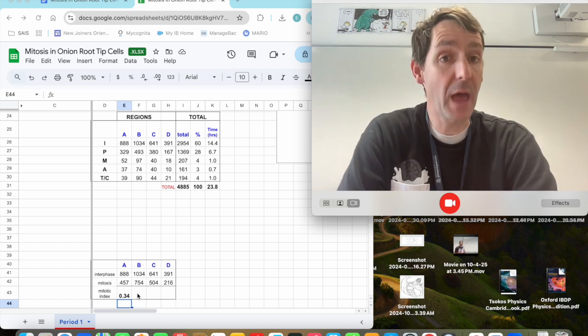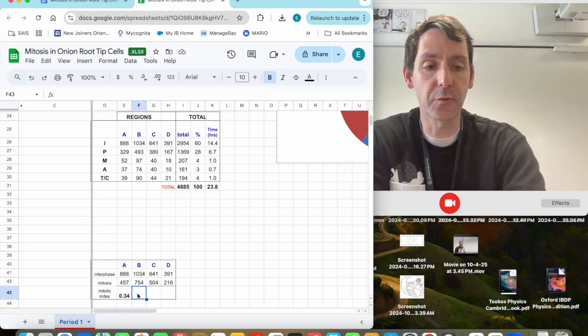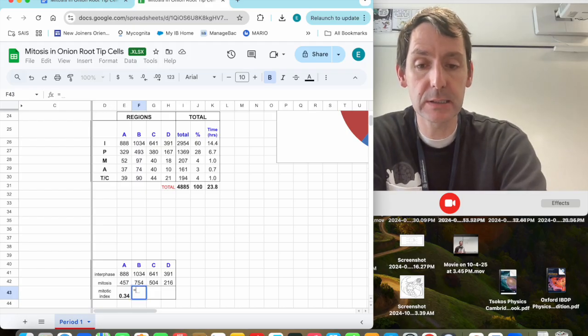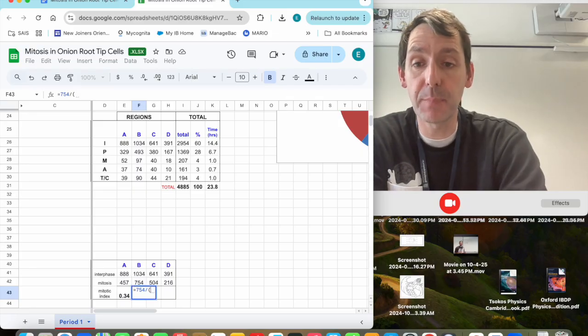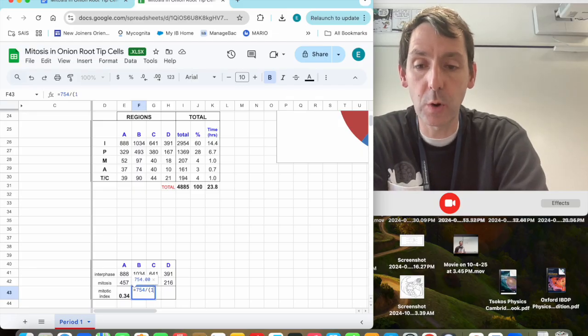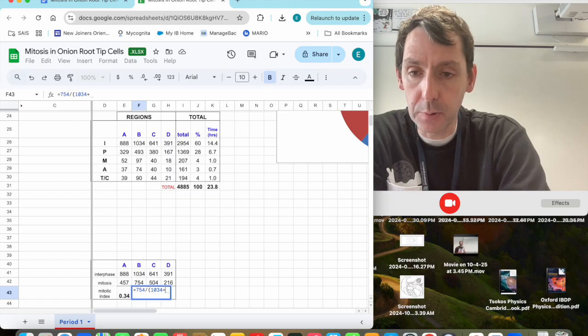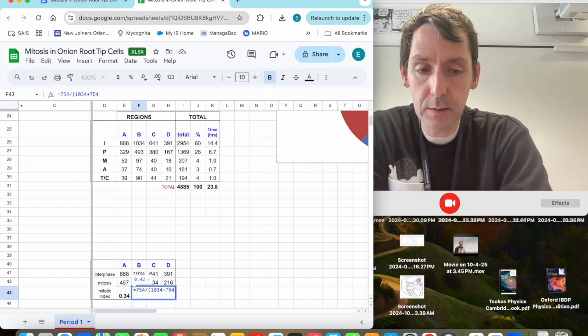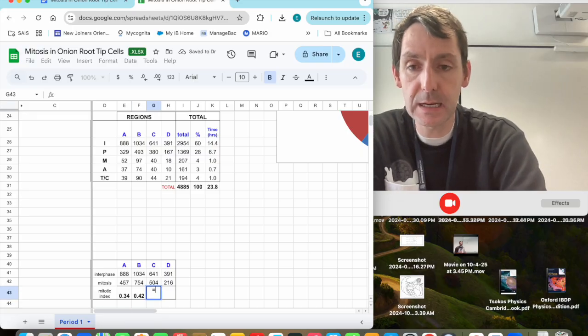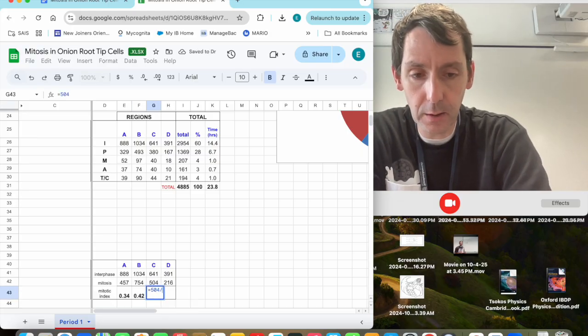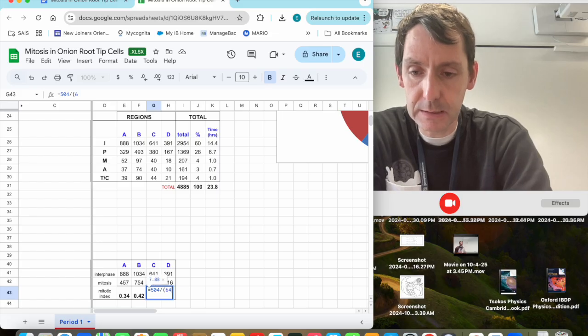I can go and do that for each of the regions. So for region B, I'm going to go equals 754, that's the number of cells in mitosis, divided by the total number, which is 1034 plus 754. So add up all of them there. We've got that. We can move on to C. 504 divided by 641 plus 504.